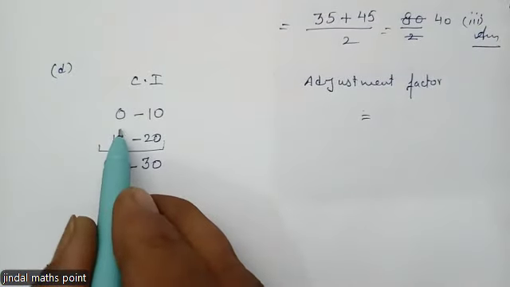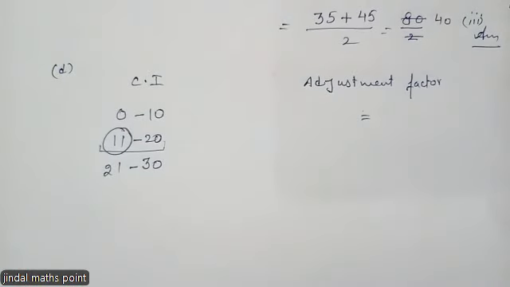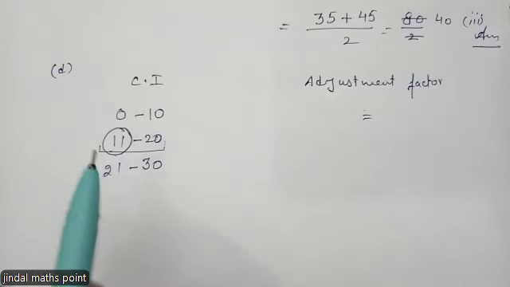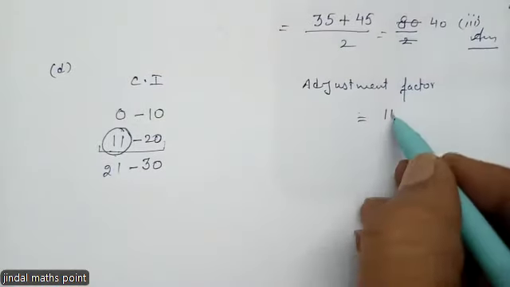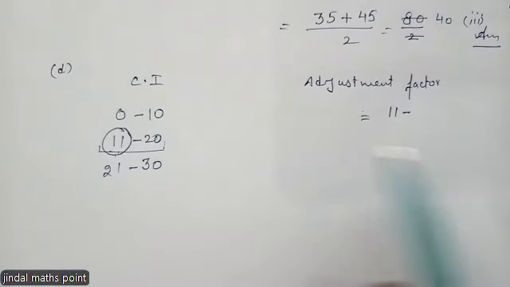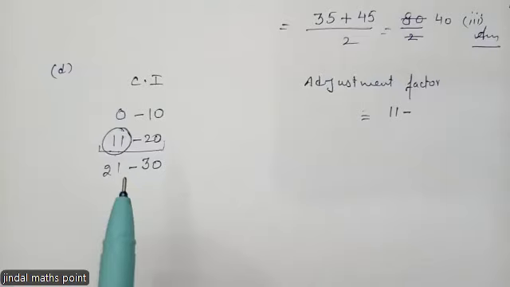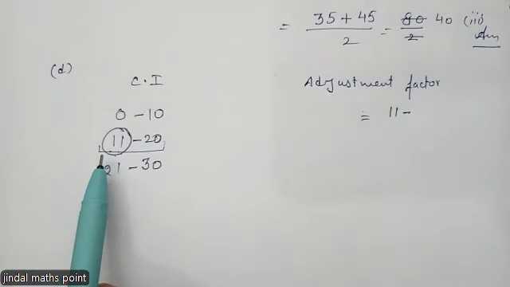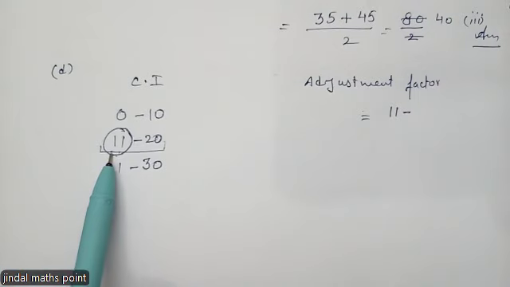What is the lower limit of the second class interval? That is 11. What is 11 minus the upper limit of the first class interval? 11 minus 10. I asked how we can find the adjustment factor. First of all, we subtract the upper limit of the first class interval from the lower limit of the second class interval.